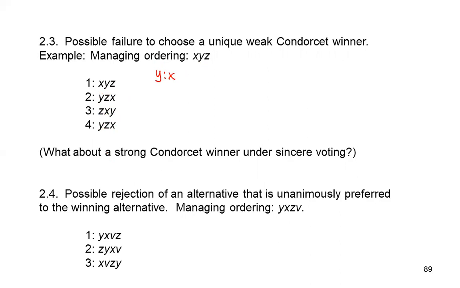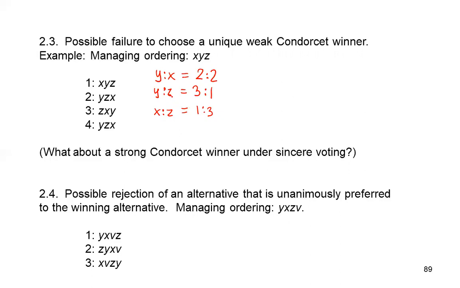So Y ties with X: Y to X is 2 to 2, and Y against Z was 3 to 1, while X against Z was 1 to 3.